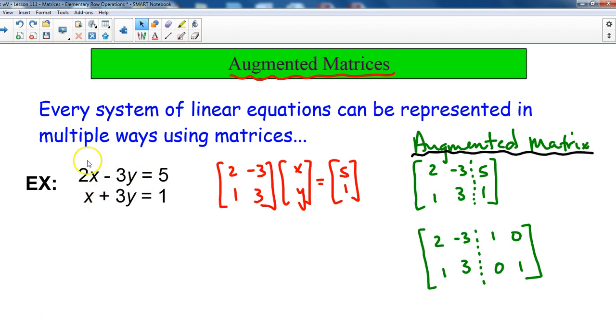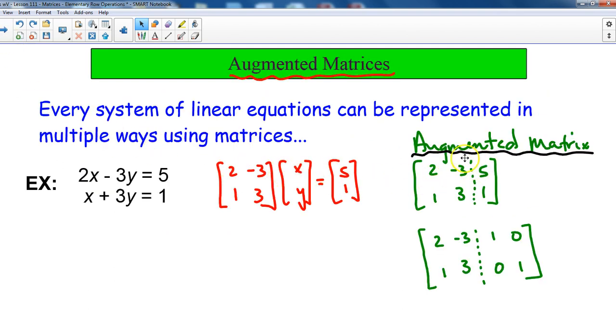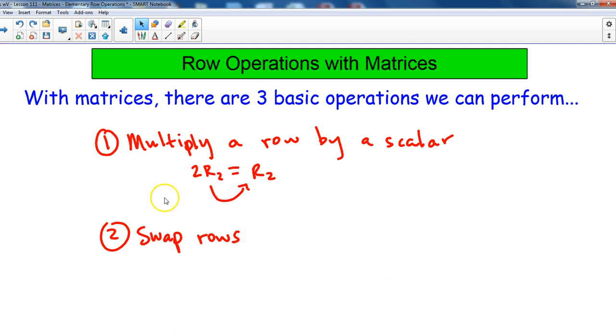They're two separate equations. And it's the same thing for matrices. When we have our matrix representation, I can take two rows and just flip-flop the order. And again, no harm done. I haven't really changed anything. I've just changed the order. So what that looks like is row 2 now becomes row 1.